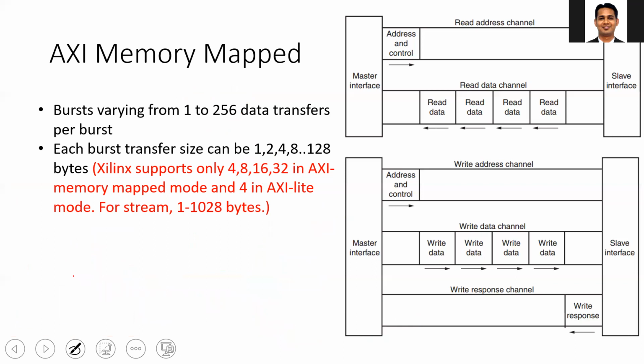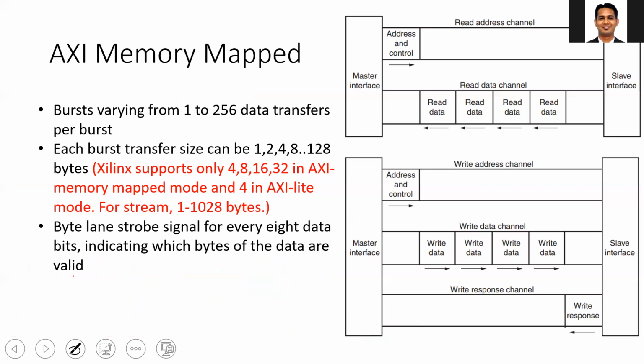So in the AXI protocol, you have the transactions, then you have the channels, and to support the corresponding transaction or functionality of a particular channel, you have additional signals. One such signal is the byte lane strobe signal. By using the strobe signal, which is 1 bit for every byte, the master can tell which data is valid and which data is invalid.